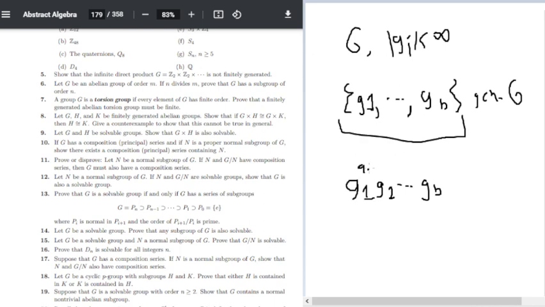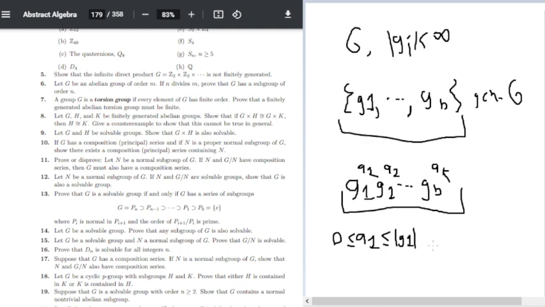Now, how many of the possible elements of this form are there? Well, we know that we have 0 is less than or equal to a1 is less than the order of G1, right? Because if we go over, we're just going to loop back around. And likewise, we're going to have ultimately 0 is less than or equal to ai is less than the order of Gi.